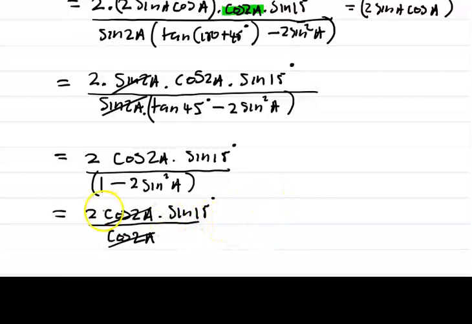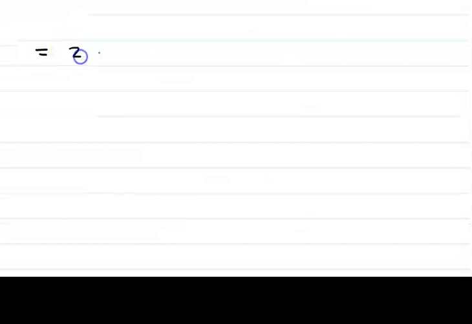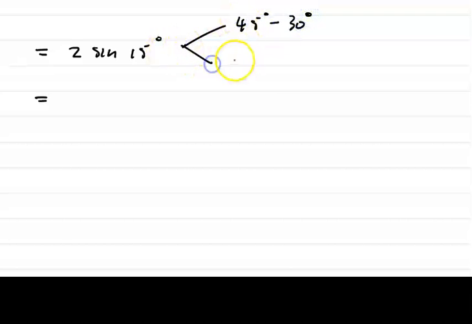Now learners, we have 2 sine of 15 degrees to reduce. So let us do. So 2 sine of 15 degrees. Now remember, 15 degrees can be expressed as 45 degrees minus 30 degrees, or we can represent it as 60 degrees minus 45 degrees.